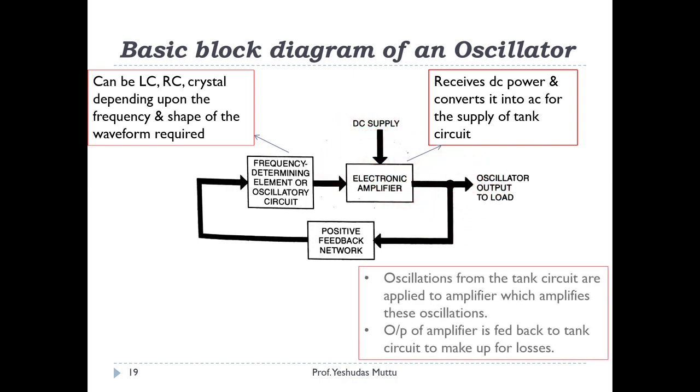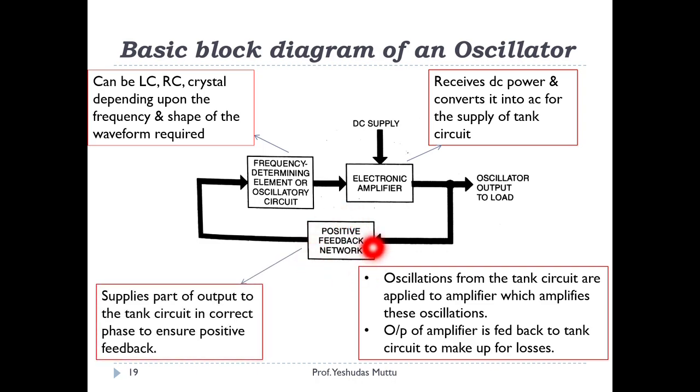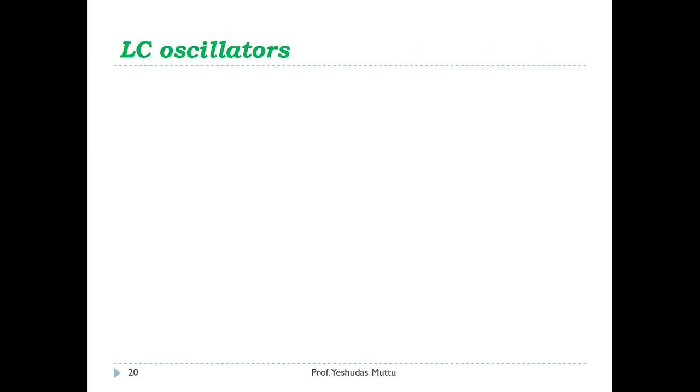There are some losses that happen while this input is fed to the oscillatory circuit, which we will discuss later. And you all know about the positive feedback network, which gives part of the output back to the input to ensure positive feedback. So this is the summarized block diagram of the oscillator circuit.